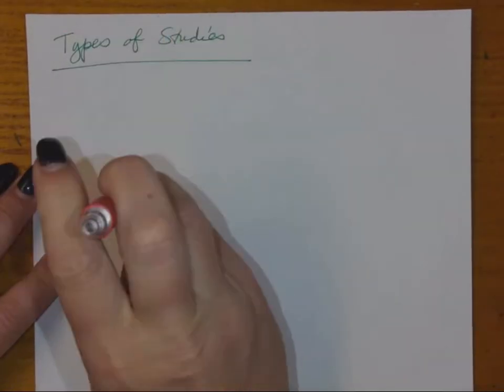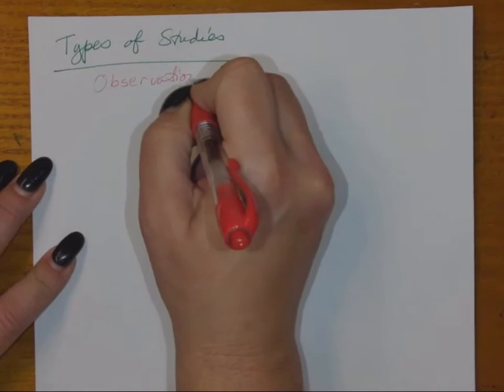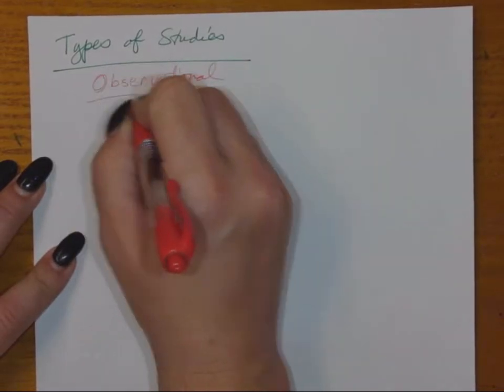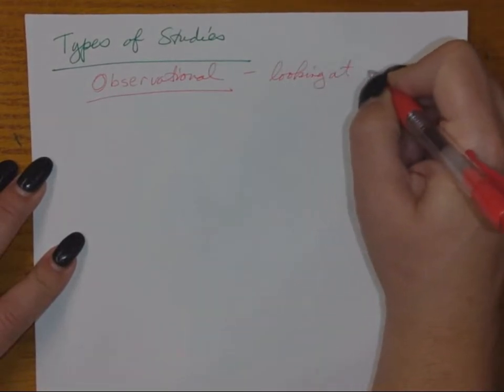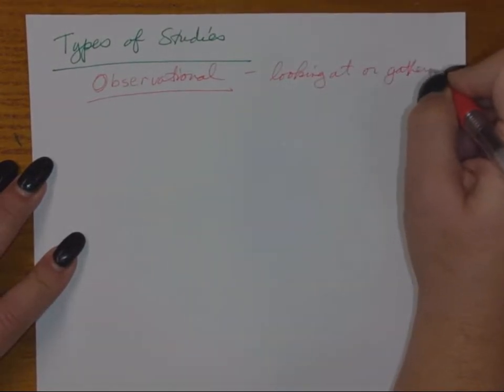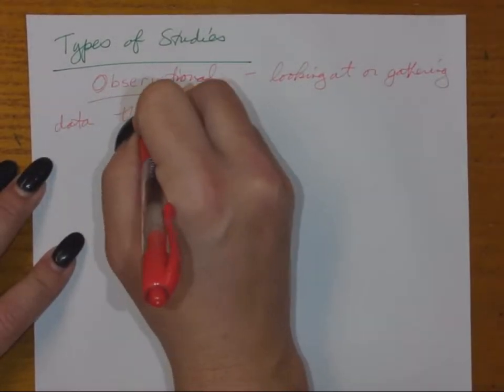Alright everybody, so next up in our statistics course we're going to talk about different types of studies, and there's two basic types just to start with, and those fall into either observational, where we're either looking at or gathering data that is pre-existing.